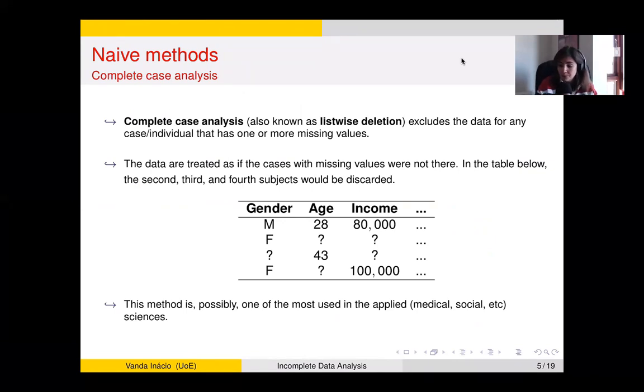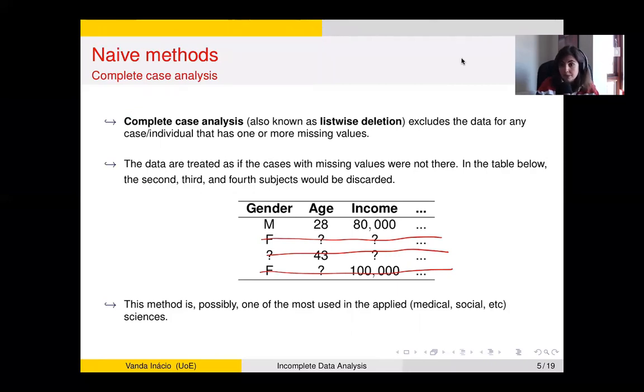In the table below, a hypothetical data set, or the first rows of a hypothetical data set, we have that only the first individual has complete information on all three variables. So under a complete case analysis approach, individuals number 2, 3, and 4 would be excluded from our analysis because they don't have complete information.